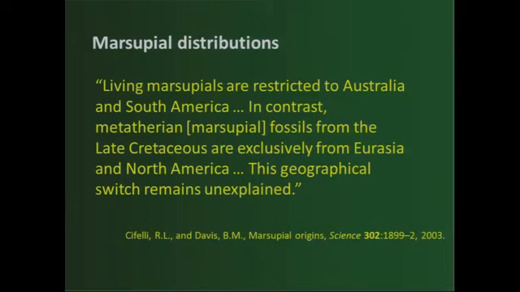An article in Science magazine said this: "Living marsupials are restricted to Australia and South America. In contrast, marsupial fossils from the late Cretaceous are exclusively from Eurasia and North America. This geographical switch remains unexplained."